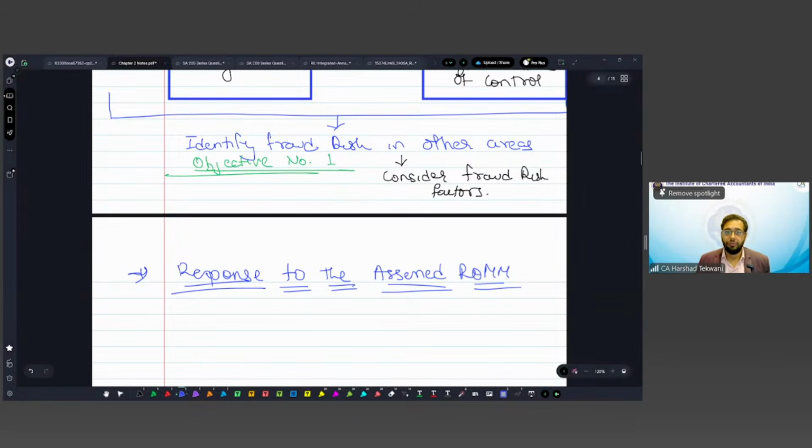So, what will you do when you have to respond to that risk? What things will you do? Basically, I'm asking about the testing part. I have to achieve the second objective. What is the second objective?